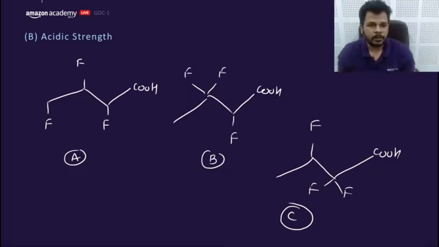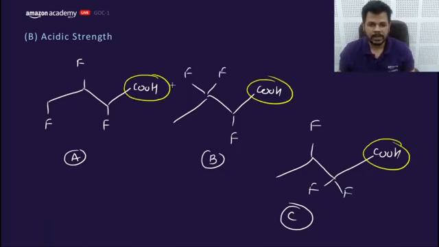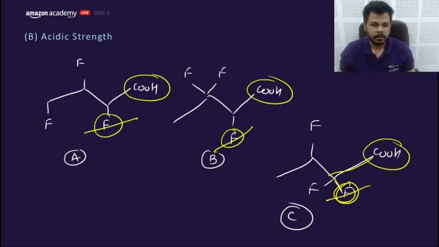Let's try to solve it. Carboxylic acid, carboxylic acid, carboxylic acid. It has one fluorine here. It also has one, so the effect of fluorine and fluorine would be the same. So you can cancel it. Let's move to the other carbon. It has a fluorine, and that effect also gets cancelled.